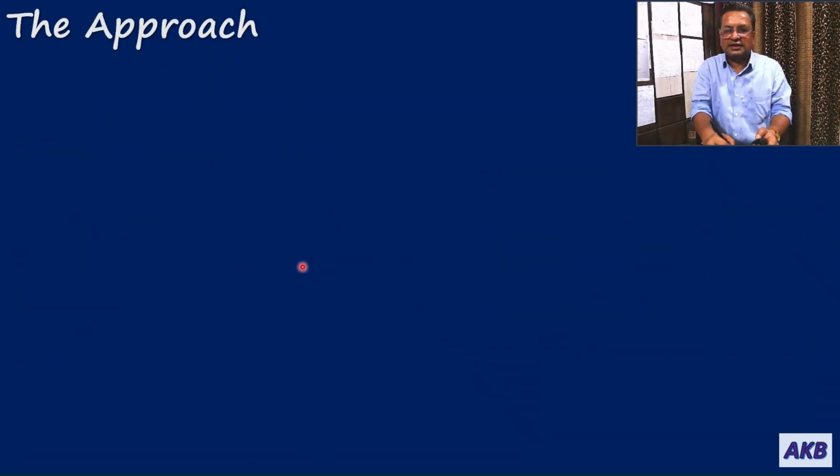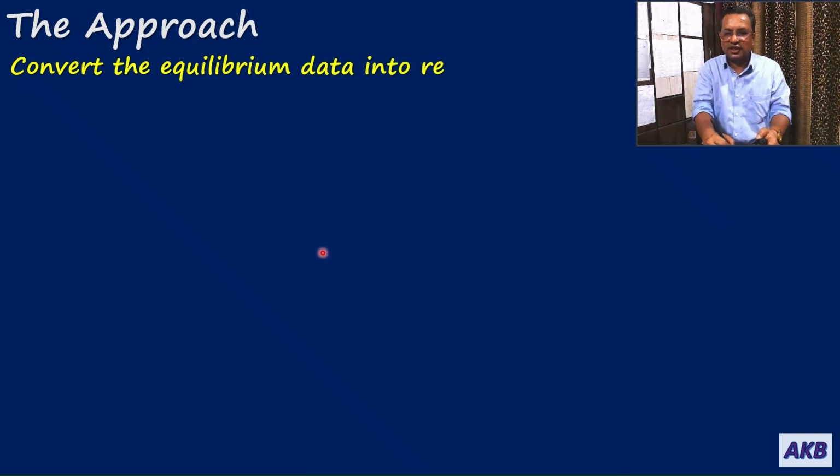Now first let us understand what is our approach for solving this numerical. First we will have to convert the equilibrium data into the required form. We need concentrations in terms of mole fractions. In the liquid phase, it is in mole fraction, so there is no need to do anything with that.